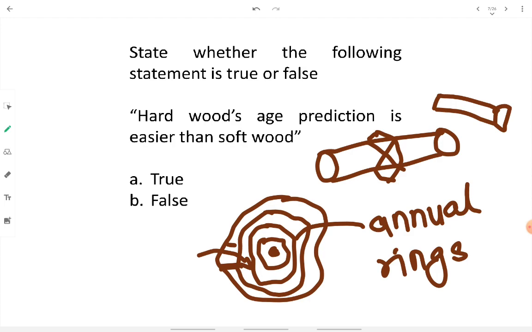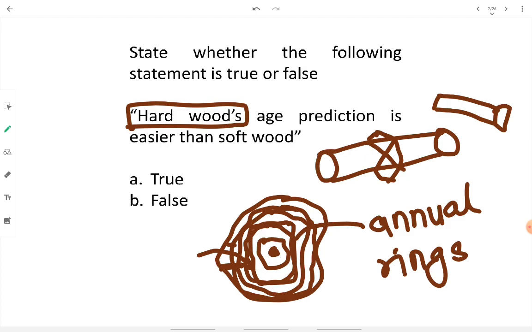And when we are talking about deciduous trees, that is hardwood, their growth is slow, and if we look into a cross section of a deciduous tree, the annual rings are very closely spaced. That's why the distinction between the annual rings in the case of hardwood or deciduous tree is not that easy.